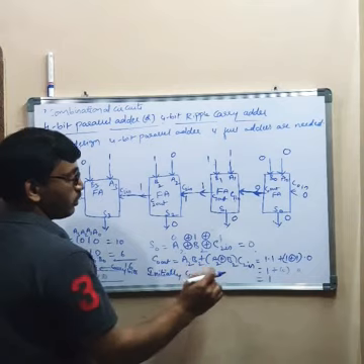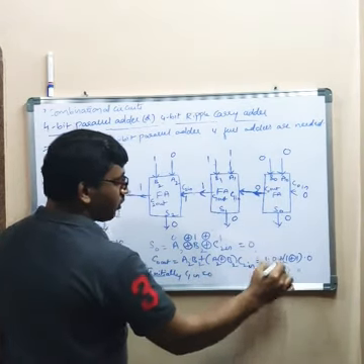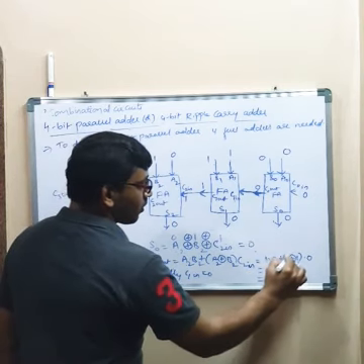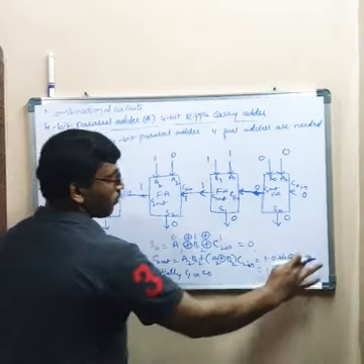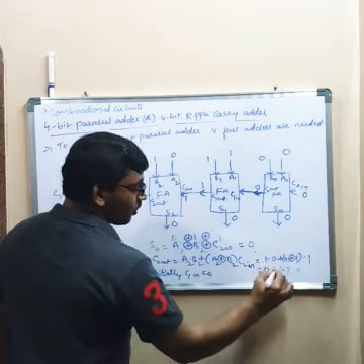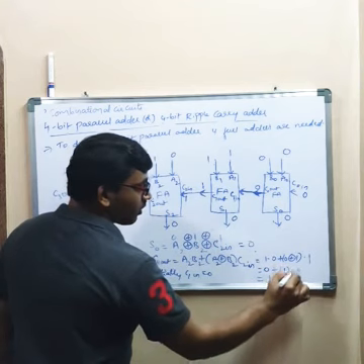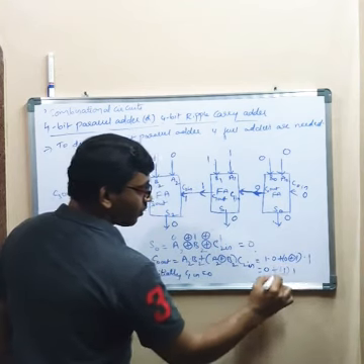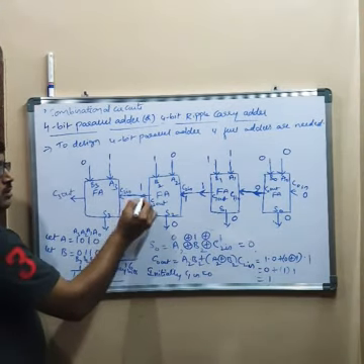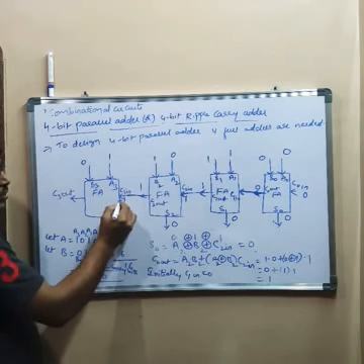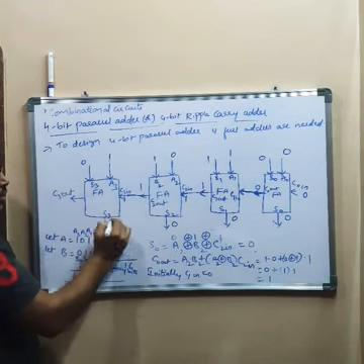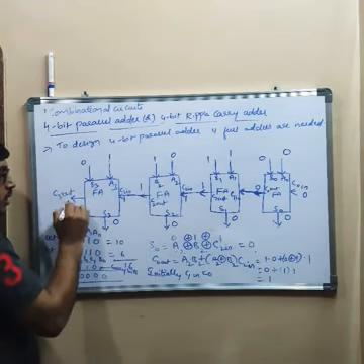Next, A2, B2: 1 dot 0 plus 1 XOR 0 into 1 dot 1. So 1 dot 0 is 0, 0 plus 1 dot 1, so you will get 1. You got carry out. Again this has connected as input to the carry input of the next full adder. 1 XOR 1 XOR 0, sum 0, carry 1.